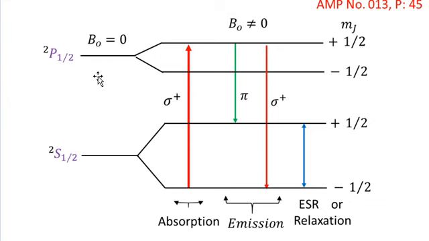And the transition is done from the ground Zeeman level of S1 half, which is Mj is equal to minus half. So the transition is done from this level to the upper Zeeman level of the excited state.